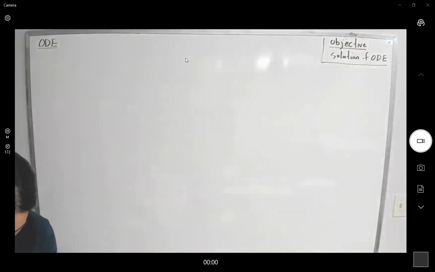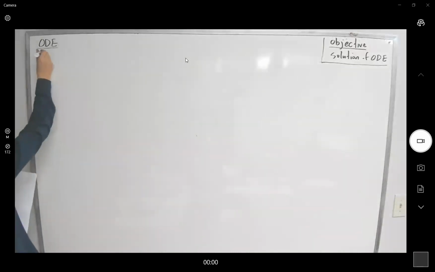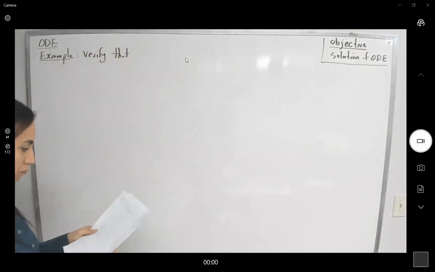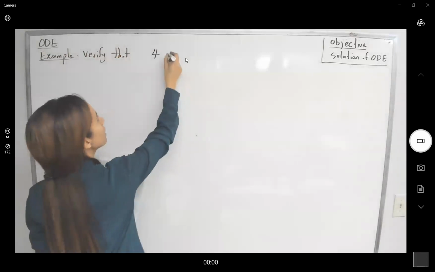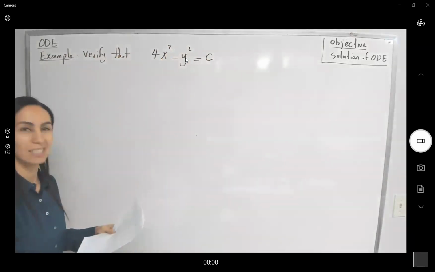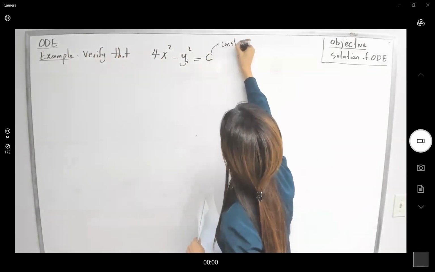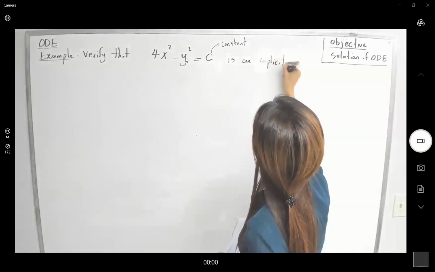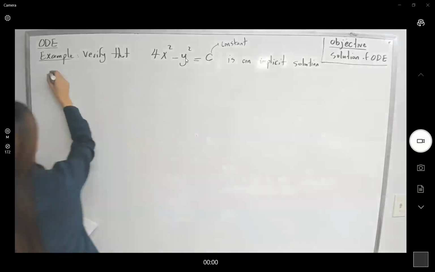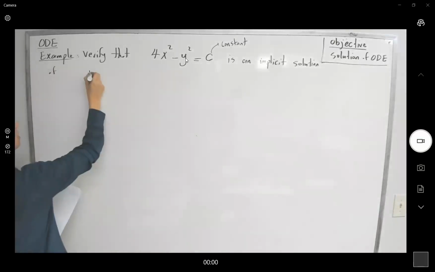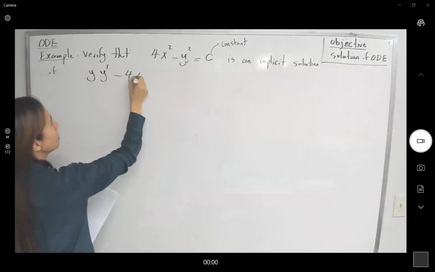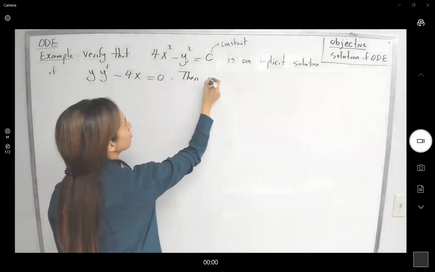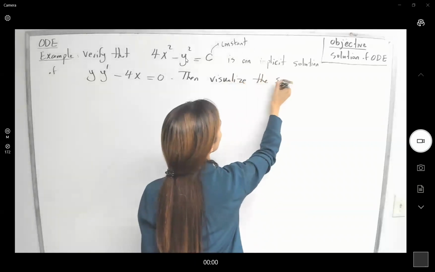So in this example, verify that x squared minus y squared equals c, where c is just a constant, is an implicit solution of the differential equation, which is given to us as y y prime minus 4x equal to 0. Then visualize the solutions.